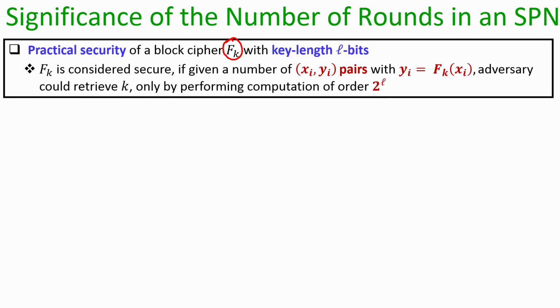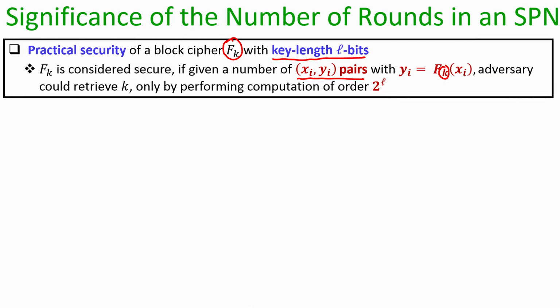Imagine the resultant Fk that we obtain by operating an R round SPN has a key length of little l bits. By practical security of Fk, I mean that if the adversary gets access to several xi, yi pairs, where yi is the value of Fk on the input xi and the key is not known to the adversary, then the adversary could retrieve the key only by performing computations of order 2 to the power l.